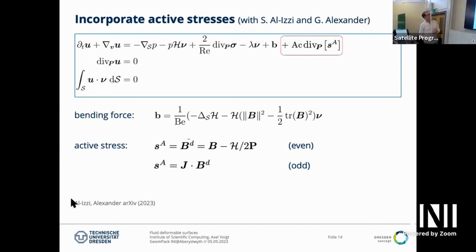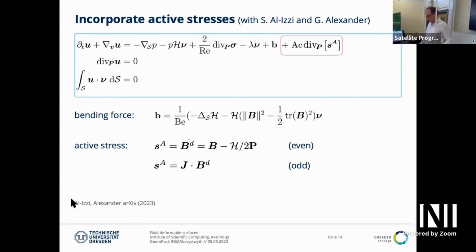He motivated various ways of how this stress tensor should look, and there are essentially two different things: even and odd stress. We looked here at the two simple things, the isotropic ones. And the question is, what happens if one adds such active stress?